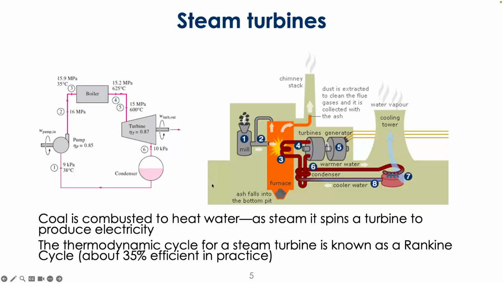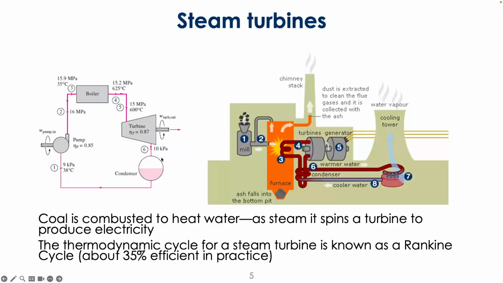In order to complete a thermodynamic cycle, remember, we talked about thermodynamic cycles with our gasoline engines. You remember that 4-stroke diagram. Thermodynamic cycles mean that you have to return to your original state so that you can resume going through the cycle. So after the water passes through the turbine, it gets condensed back into water before it gets sent back through the furnace to heat up and sent through the turbine.